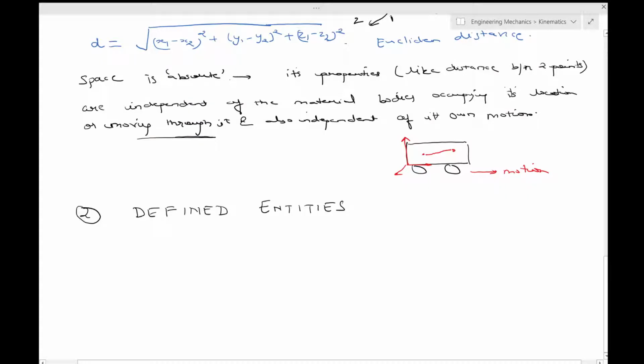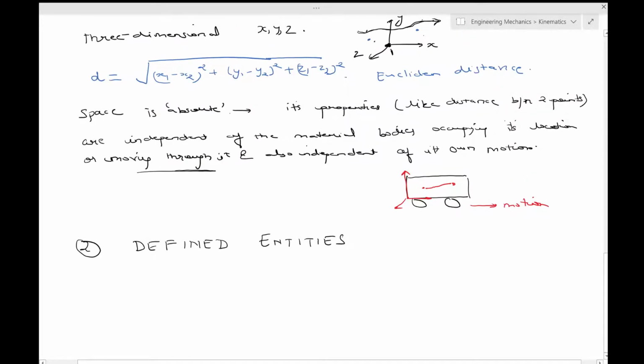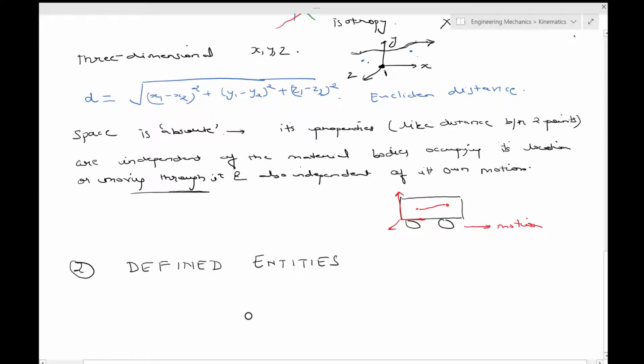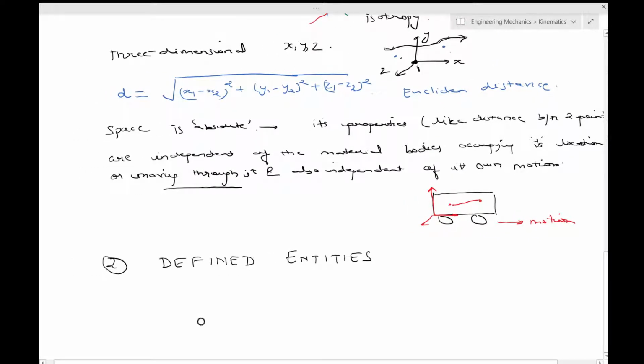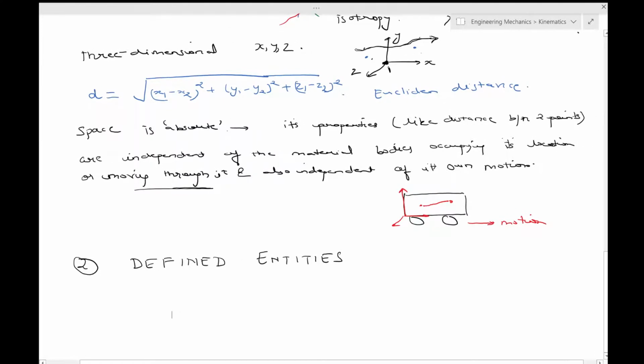Let's see it from the example of time. So the Newtonian unit of time is defined.